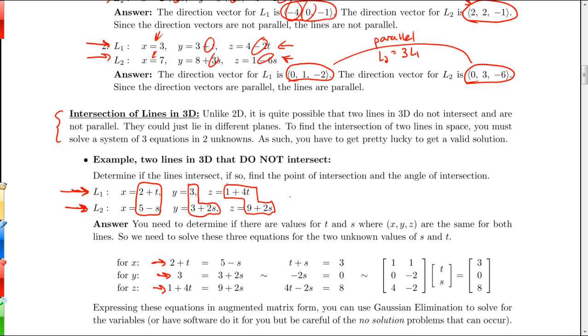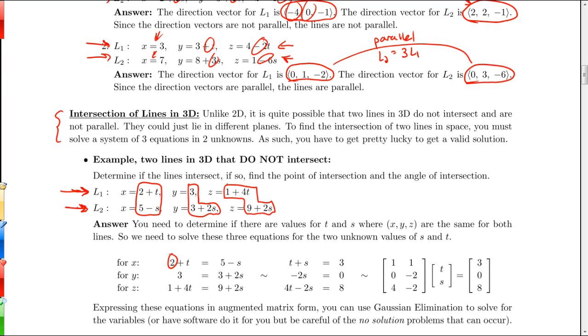Okay, so what I have here is 3 equations, and I actually have 2 unknowns, t and s. I want to set it up in such a way that I'll be able to do this with matrices, right? So I'm going to get the variables on the left and then the constants on the right. For this first equation, for example, I'm just going to take this negative s and add s to both sides.